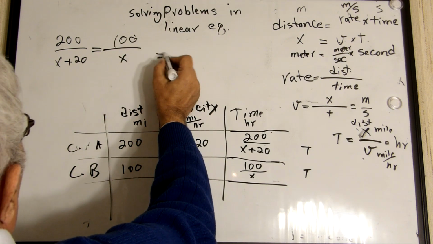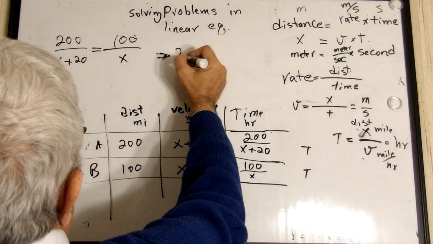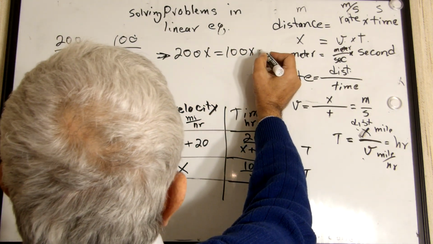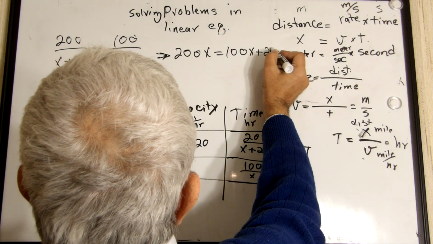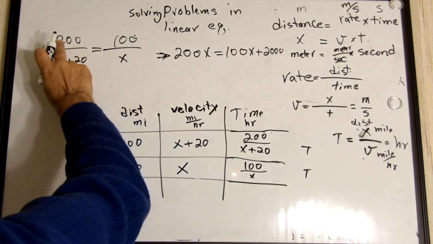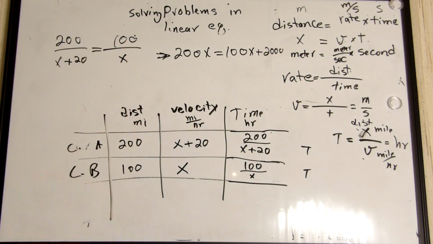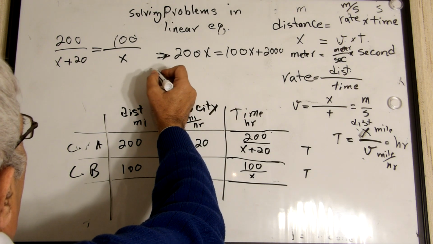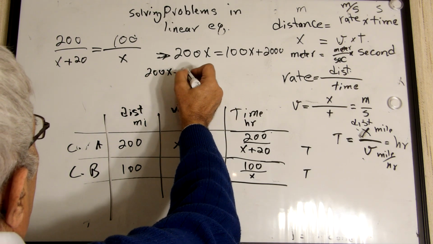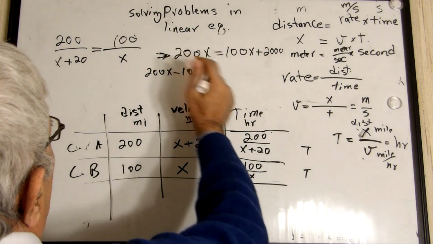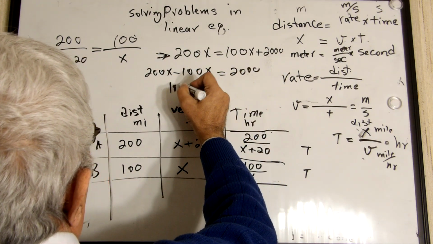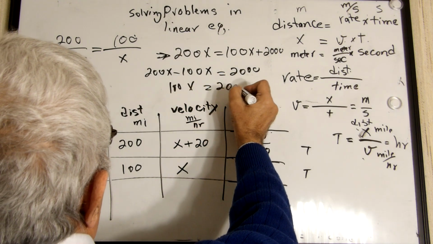And then if you solve this one, 200x is equal to 100x plus 2000, right? Because we multiply this one by this one, 200x, and this one by this one, 100x plus 2000. Now we are going to find x. 200x minus 100x, bring it here, change its sign, equal 2000. And it's going to be 100x is equal to 2000.